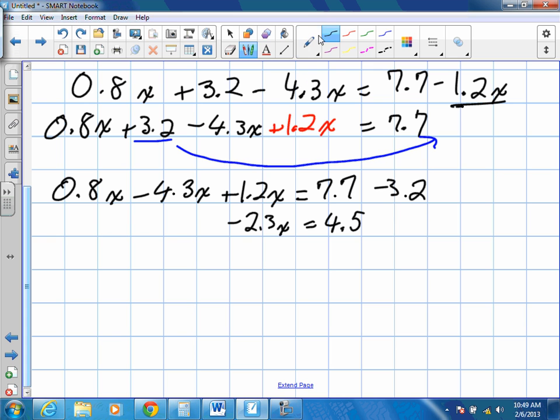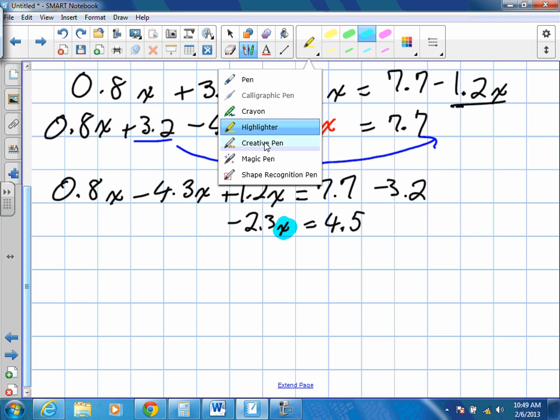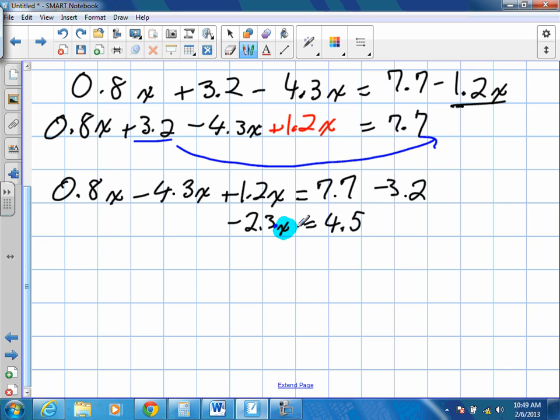Now to isolate x, technically this says negative 2.3 times x. Because it's multiplication, how do I move it to the other side? That's right, we're going to be dividing. So we divide by negative 2.3. I'm going to need someone with a calculator to help me out here. Oh, actually, never mind, I have one.